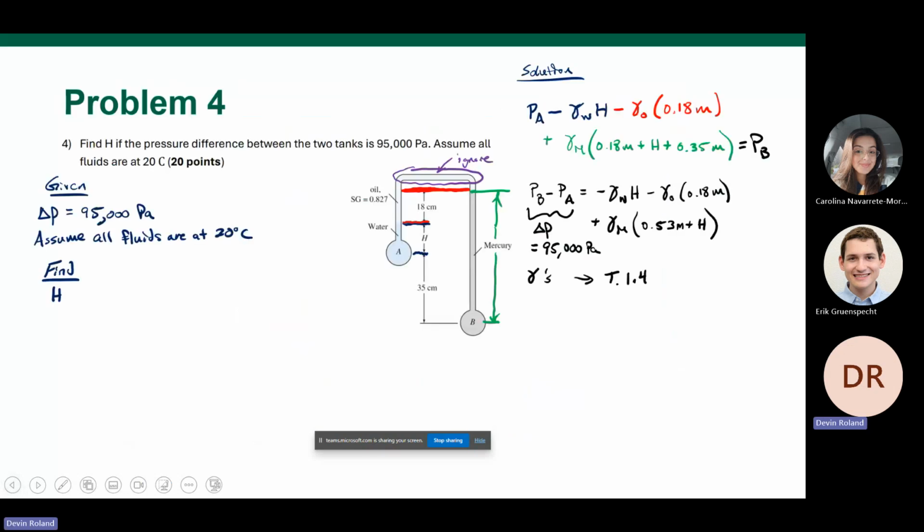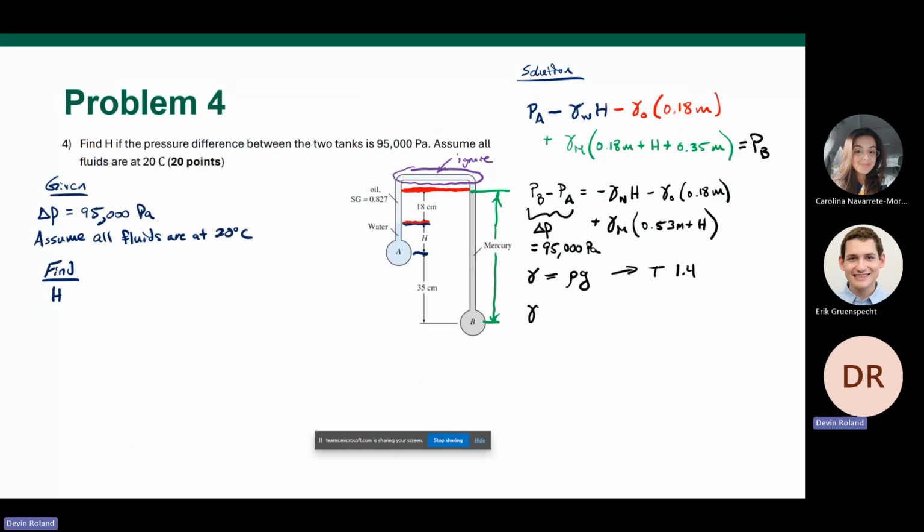So then we know that gamma is equal to rho times g. And so if we have our densities from table 1.4, then we can calculate those. But there's also a table, I think you said 2.1, where you can get the specific weights directly.